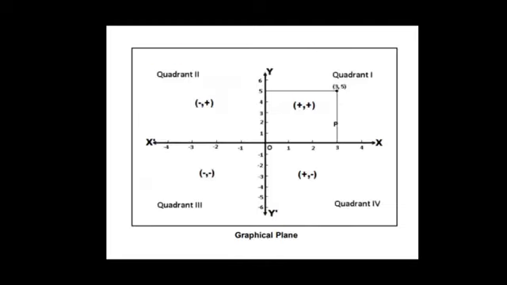Here in this slide is the graphical plan. We can see here that the line XX dash, which is the horizontal line, is the abscissa, or we can say x-axis, and the vertical line YY dash is y-axis, or we can say ordinate. These two lines cut each other at point O, or we can say at point 0, which is the point of origin.